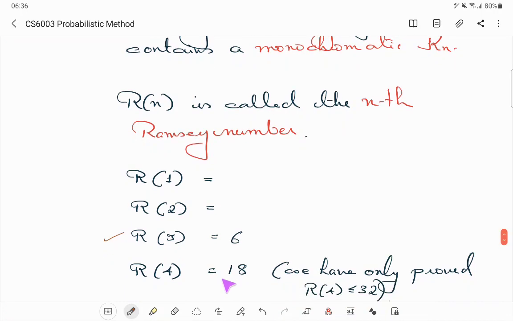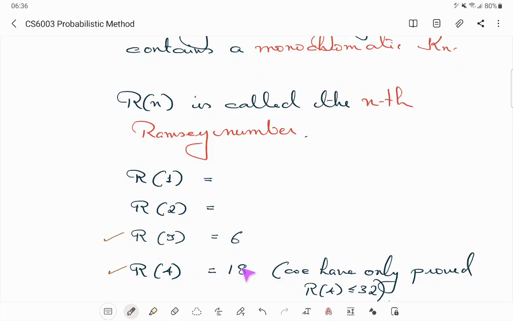Now R4, we neither showed the lower bound nor the upper bound correctly, but it can be done in one class. But it won't be an application of the probabilistic method, so I'm not doing it straight away. Maybe sometime later in the course I might end up doing that. So your R4 will turn out to be 18. All that we have proved is that R4 is at most 32.